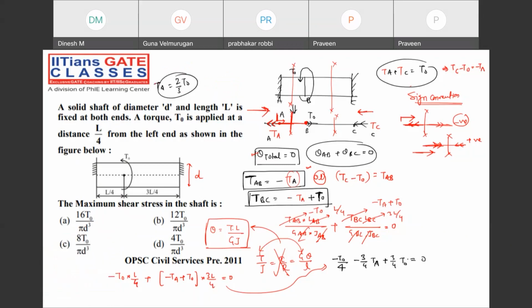Now, once we know this, what will be the next segment? What about TC? T naught by 3. Now tell me the maximum torque. Either you are getting it in TAB or TBC. In which member are you calculating the maximum torque?